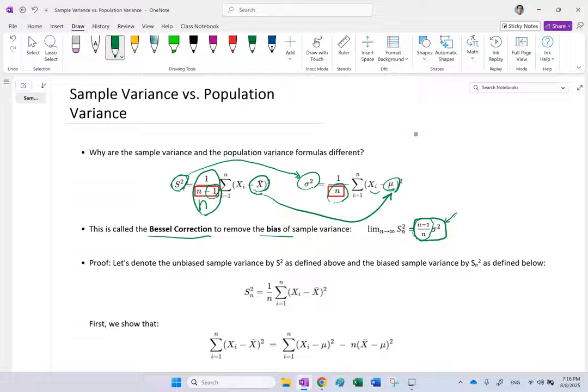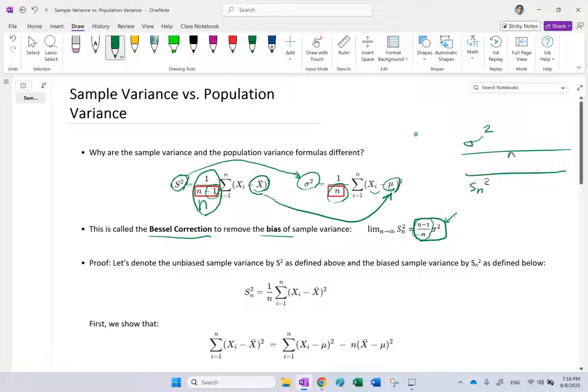So if n is like, I don't know, 100, this is going to be 99 over 100 times sigma squared. And this difference goes away only when n is infinity. And in reality, we never have any population with infinite members. This n, the population number, is always a finite number. So you see that there is a difference between the actual sigma squared and this s_n squared.